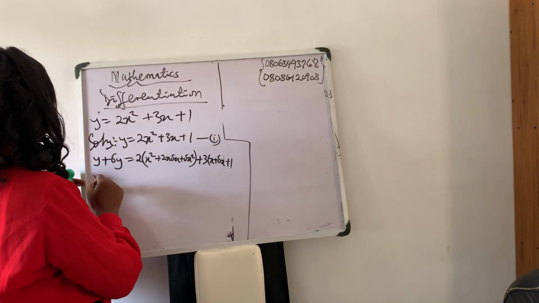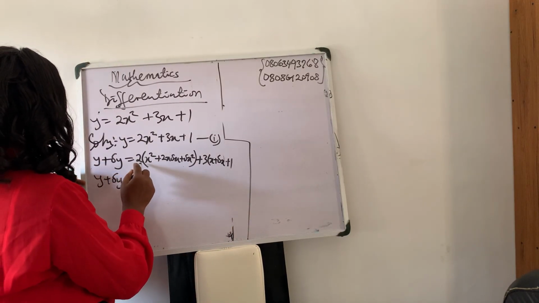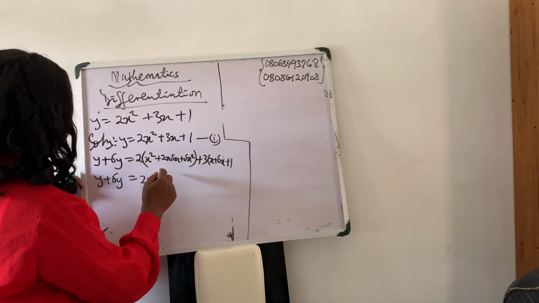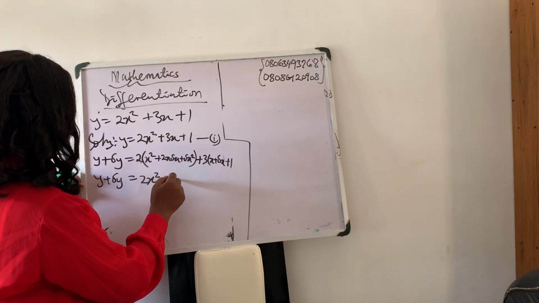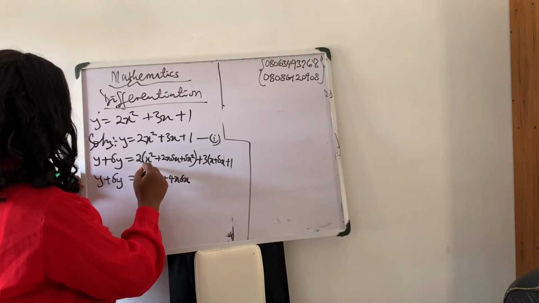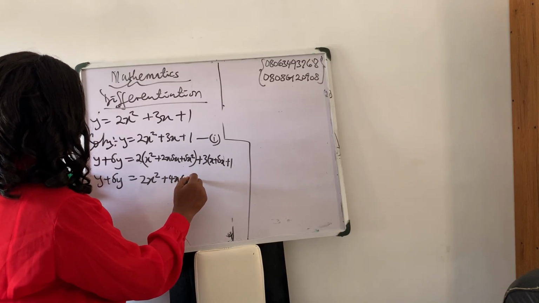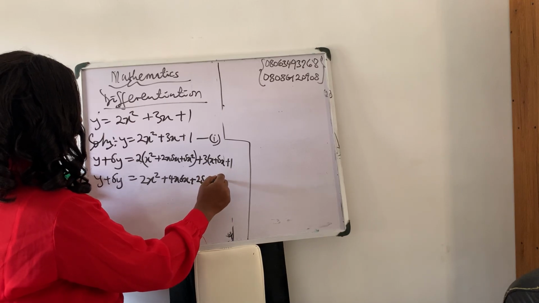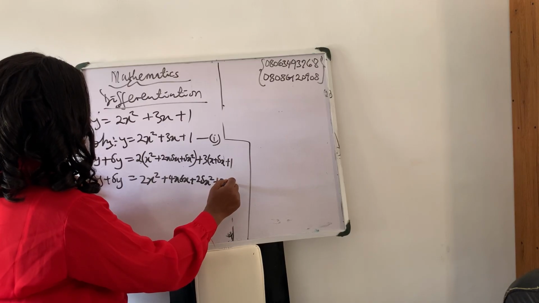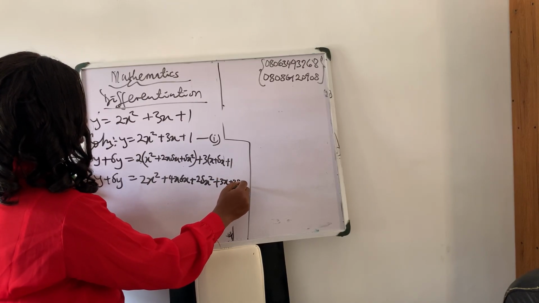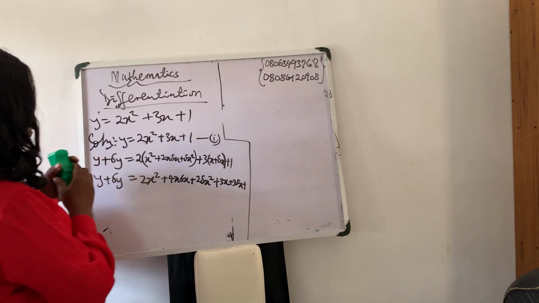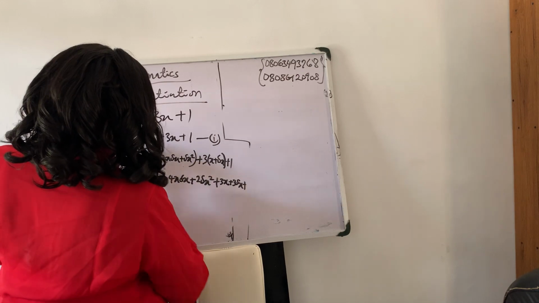Now, y plus dy equal to: 2 times x squared is 2x squared, 2 times 2x dx is 4x dx, and 2 times dx squared will give us 2 dx squared. 3 times x is 3x, and 3 times dx is 3 dx, then plus 1.